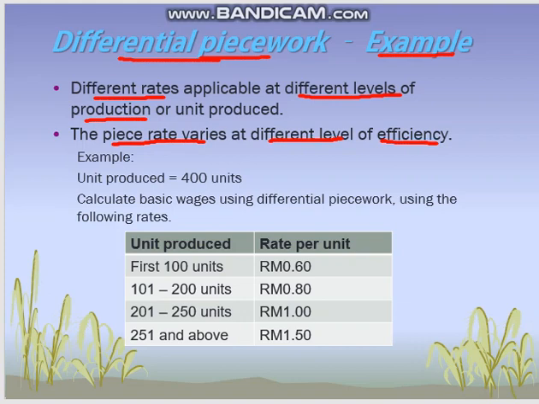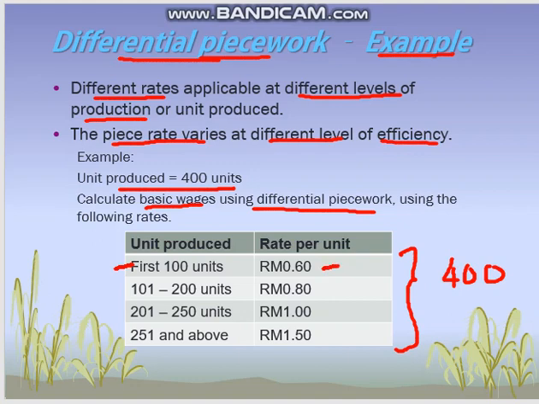For example, if the employee produces 400 units, how are we going to calculate the basic wages using differential piecework? We have to look at the differential piece rate given. The first 100 is 60 cents, and the next 100, from 101 to 200, is paid a higher rate, which is 80 cents.